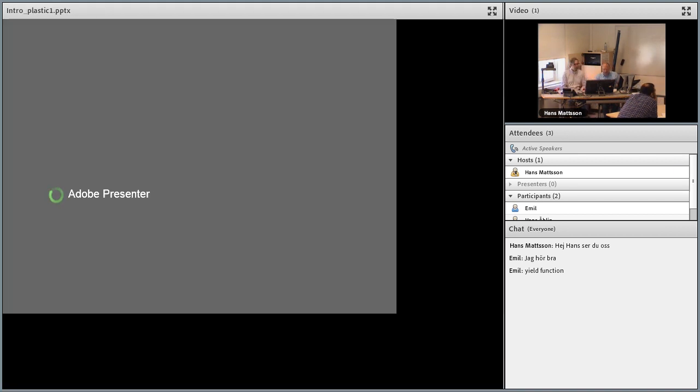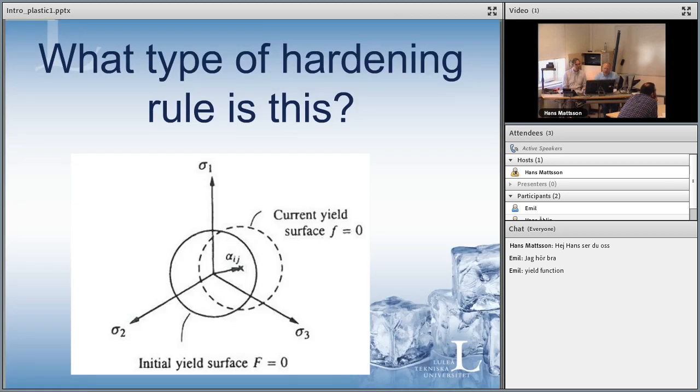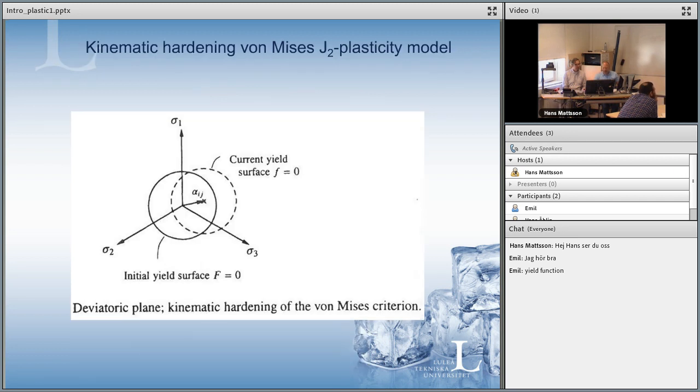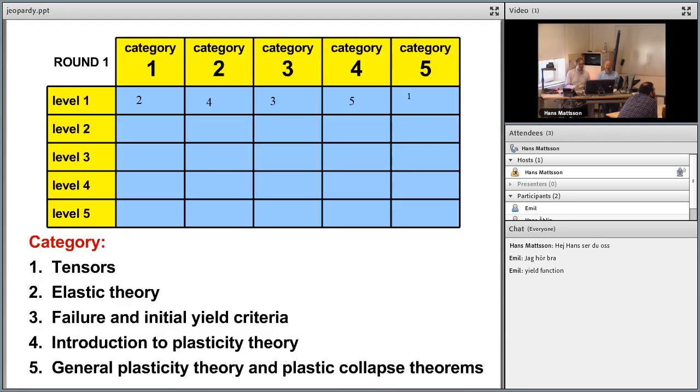Okay. Are you ready for the question? What type of hardening rule is this? Kinematic hardening is correct. It's really close.